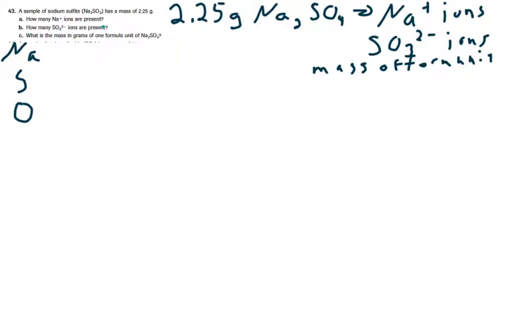And we find sodium to be 22.99. Sulfur is 32.07. Good practice. Look these up on your periodic table as well.